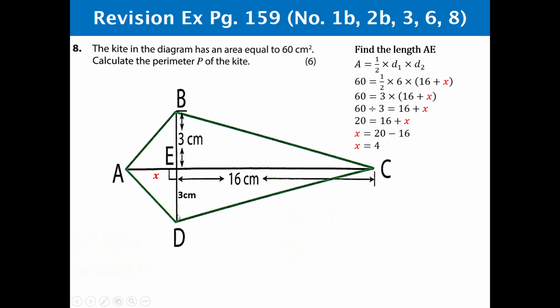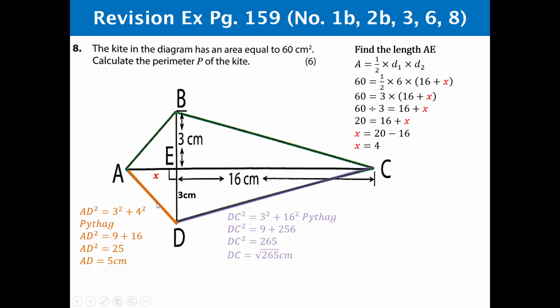Now because I've got that, I can try and figure out the lengths of the outside of my kite. So this part here I can work out. x is equal to 4, right? So 4 squared plus 3 squared is equal to AD squared because of Pythag.